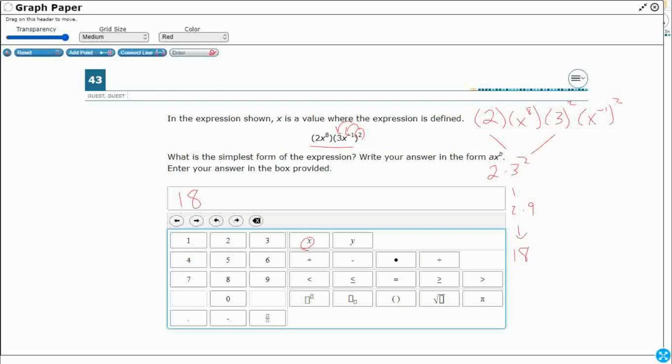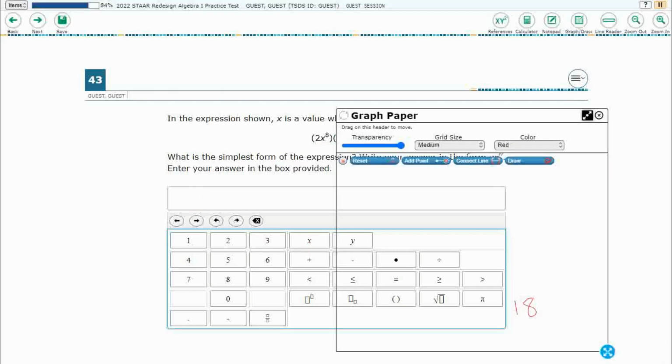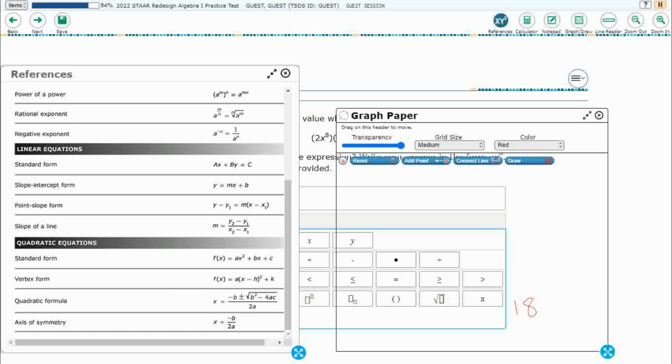Now, what do we do with these x's? Well, I've got an x to the 8th, and then I need to multiply that by this x to the negative 1 over 2. Okay, so what do I do with the x to the negative 1 over 2? Well, let's open up our reference materials, because that ends up being a power of a power. Look at the very top line there, power of a power.